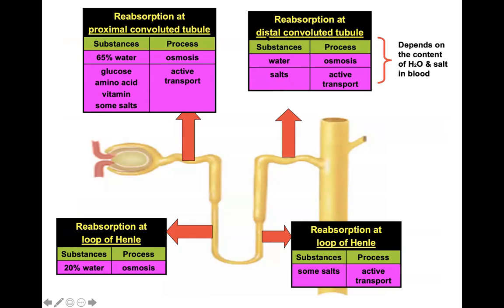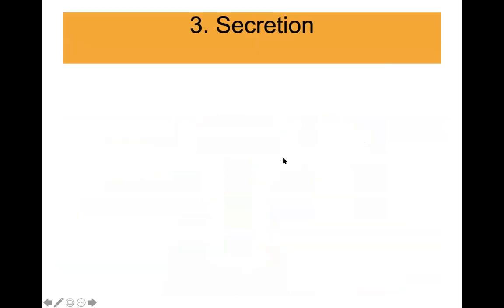Remember, for the distal convoluted tubule, two processes happen. The first one, reabsorption. The next one is secretion. Secretion is where the waste product, for example urea, will be taken from the blood capillary to the distal convoluted tubule here.